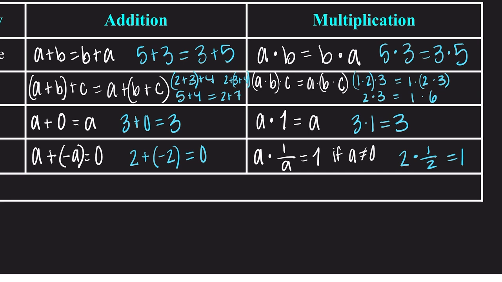If you want to think about this in terms of multiplying fractions, we can think of 2 as 2 over 1. When we multiply fractions, we're basically multiplying straight across. So 2 times 1 is 2, 1 times 2 is 2, 2 divided by 2 is 1.